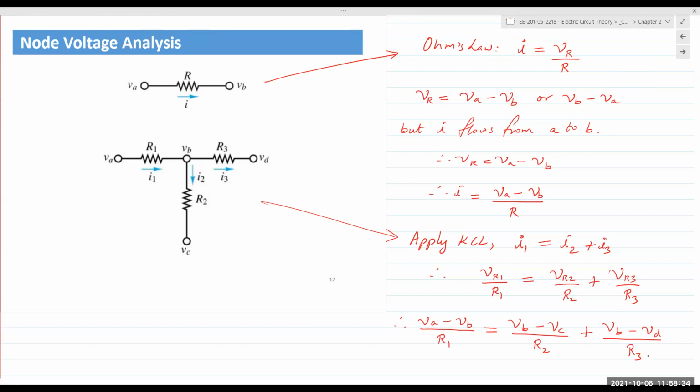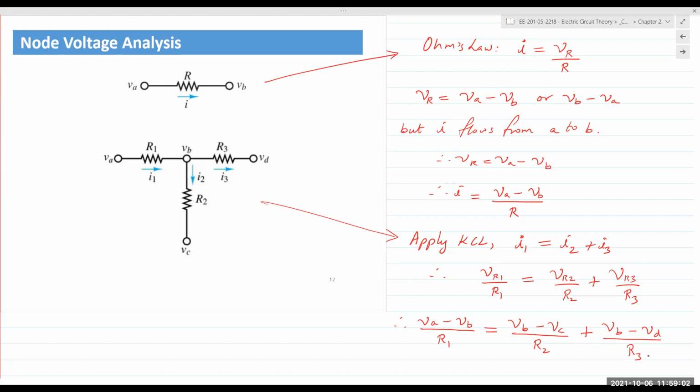When we solve node voltage analysis, these will be given to you. R1, R2, R3 will be given to you. These are variables, VA, VB, VC, and VD. Basically X, Y, Z. You reduce the equation in the form of AX plus or minus BY plus or minus CZ is equal to D. You have a linear equation. You apply KCL at a different node, you get another linear equation.